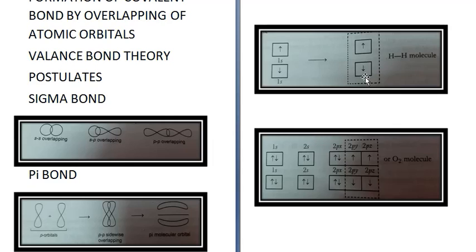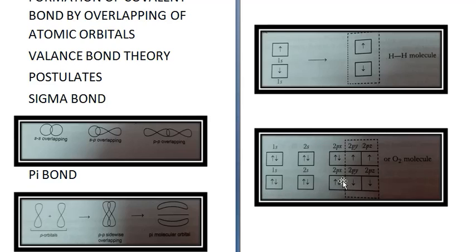Similarly, the oxygen molecule, O2. This is the oxygen atom: 1s2, 2s2, 2p4. So 2 electrons in 2px, 1 in 2py and 1 in 2pz. This is another oxygen atom, 1s2, 2s2, 2p4.